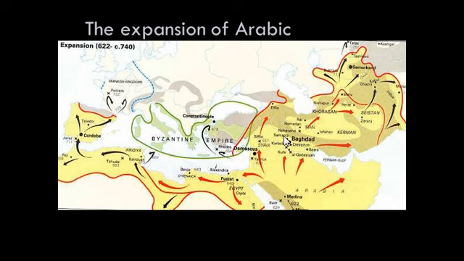Islam is what propelled Arabic to what in this case looks like a very large geographic area stretching from the Atlantic all the way to the Indian Ocean. So it's a different type of power. It's the power of a new religion, a religion that had great resonance and the ability to attract new followers.